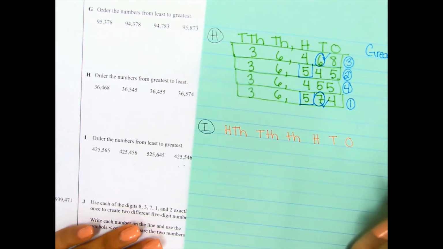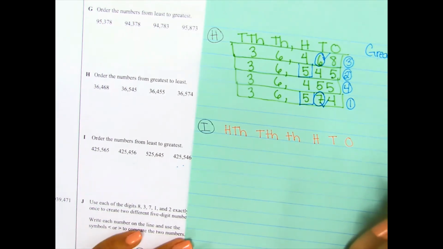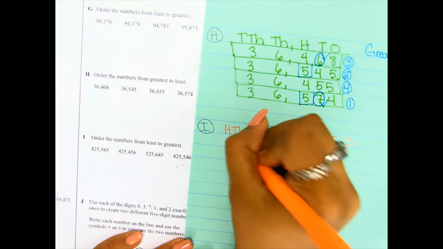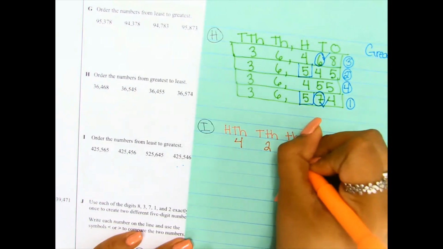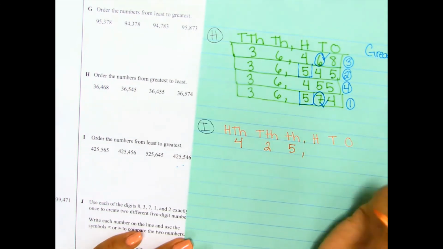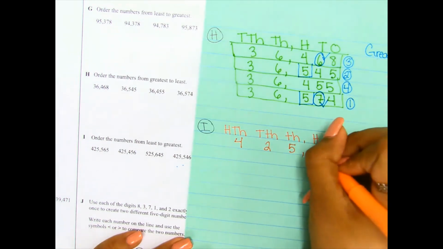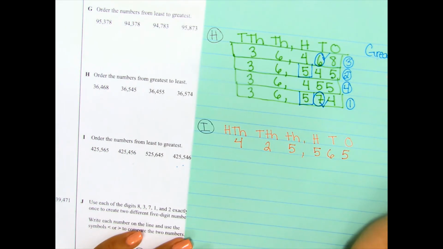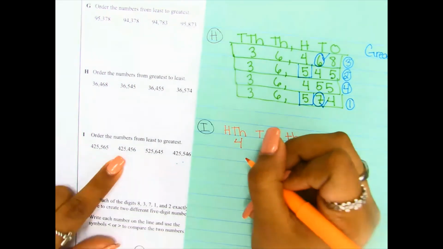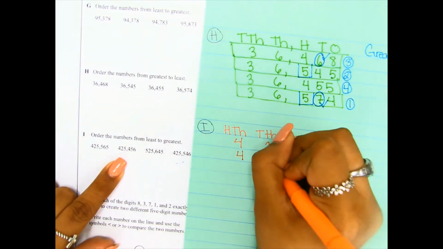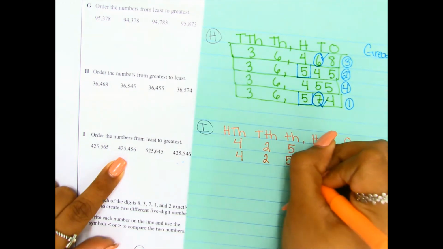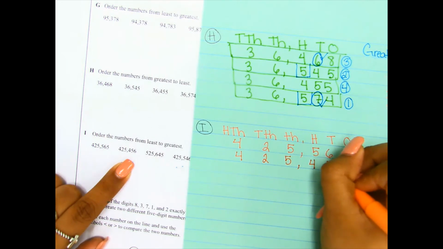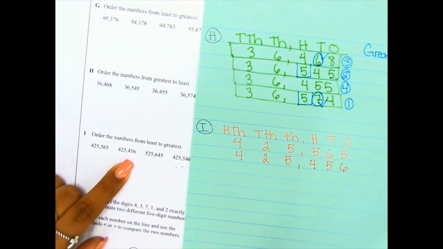I will now write down the numbers as I see them. So this is my first number that I see. That's what I'm going to write. This is 425,565. Next, I have 425,456.